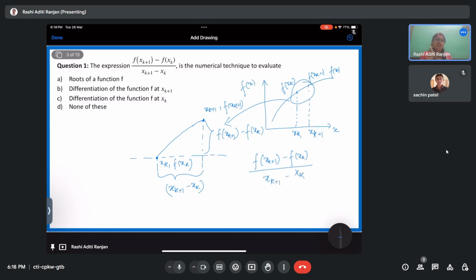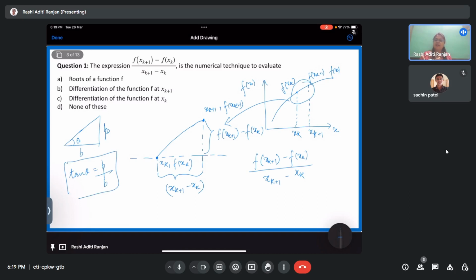If you remember, for a right angle triangle, if this is my base and this is my height and this is my angle theta, then I write tan theta is equal to perpendicular by base.